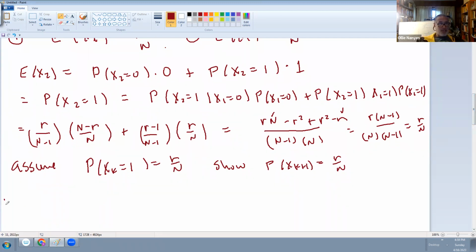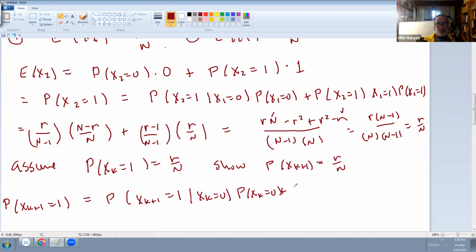When we can write it down formally, that's going to be the probability of xk plus 1 equals 1 given xk equals 0, times the probability of xk equals 0, plus the probability of xk plus 1 equaling 1, given that xk is 1, times the probability of xk equals 1.